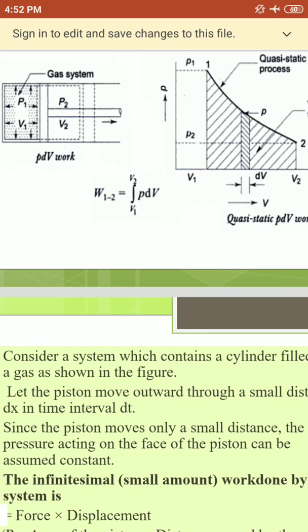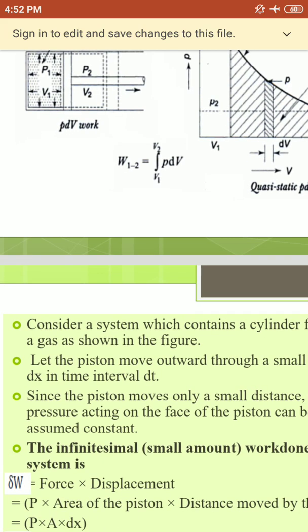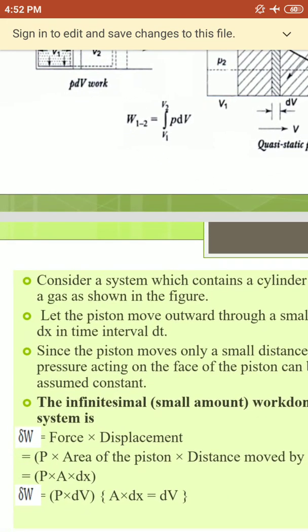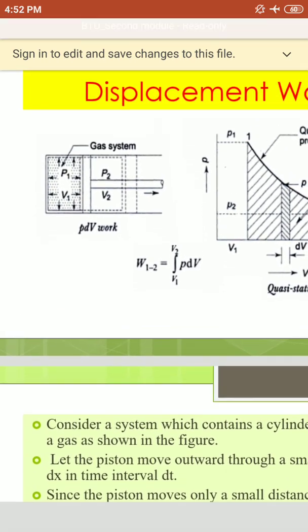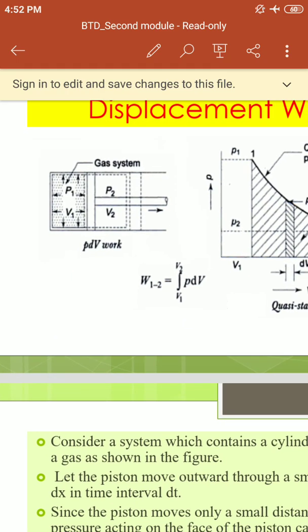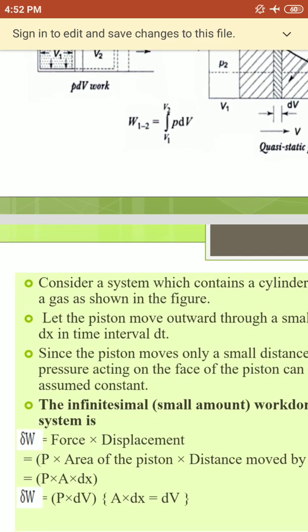it will move some distance, that is displacement. Let the piston move outward through a small distance dx in the time interval dt. When the gas exerts pressure on the piston, the piston automatically moves from P1 to P2, meaning a small displacement happens.